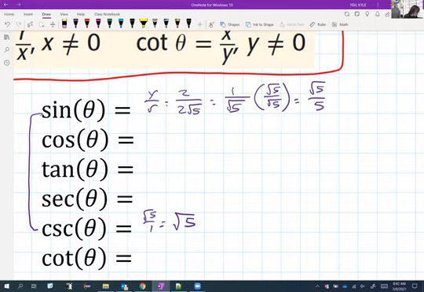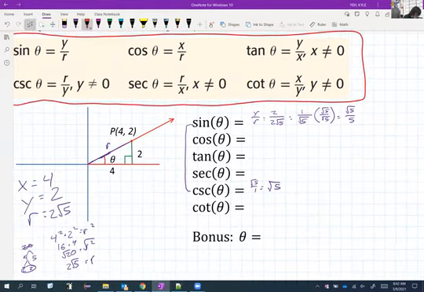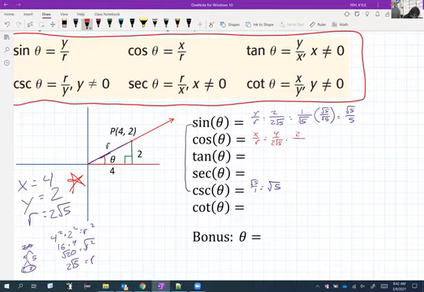What about cosine? Cosine theta, we know, is x over r. And so x, I have written over here to the side by my star, x was 4 over 2 root 5, which was r. So that's 2 over root 5.